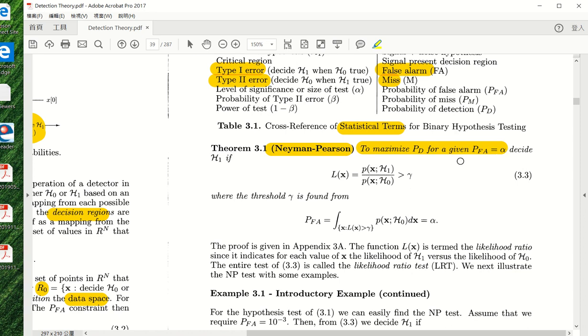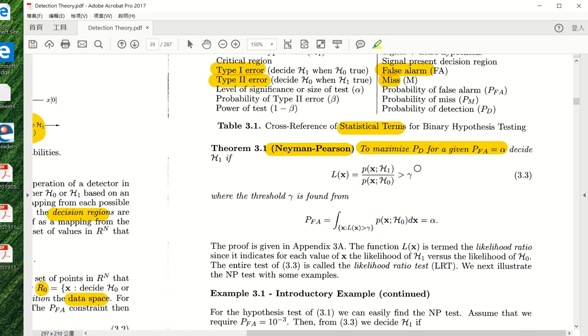Okay, so we decide H1 if L, well, this L is in fact the likelihood ratio. I'll just use the function L to say it, but sometimes we call it likelihood ratio here. Okay, so this L(x) is a function of a sample equal to probability of X conditioned on H1 over probability of X conditioned on H0 larger than gamma.